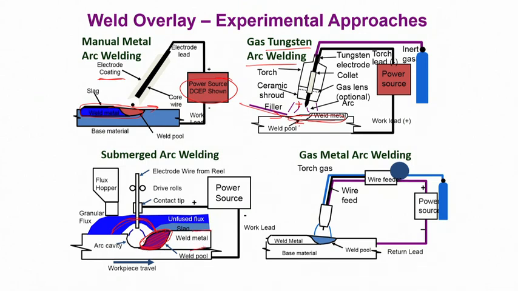So this is the region in which you have created this overlay by using an electrode which is used to create the very high arcing, and along with that you also have a mechanism of feeding the flux which covers everything, so the entire arcing and the entire fusion zone is in a submerged condition.